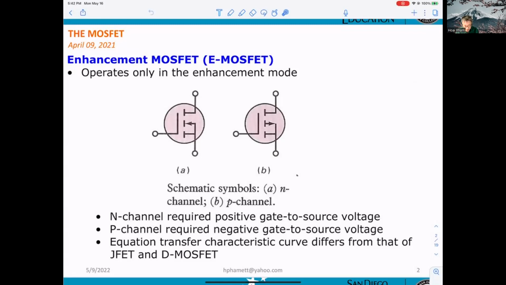The equation and characteristic curve differ from those of the JFET and D MOSFET. The D MOSFET most likely works like what we already did for the JFET. However, enhancement is different.